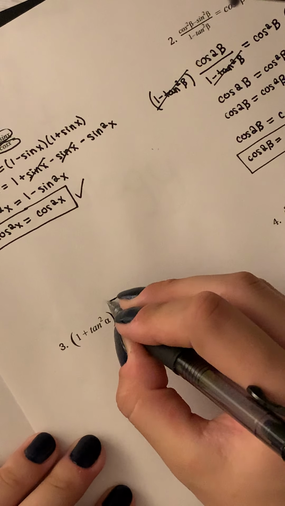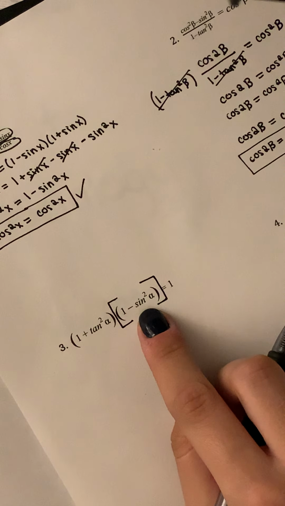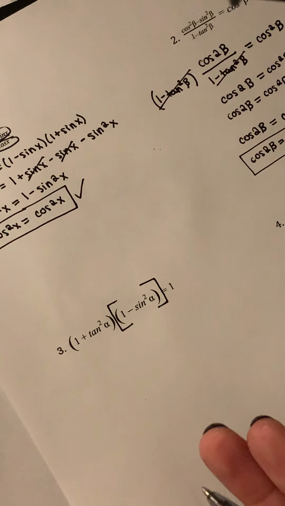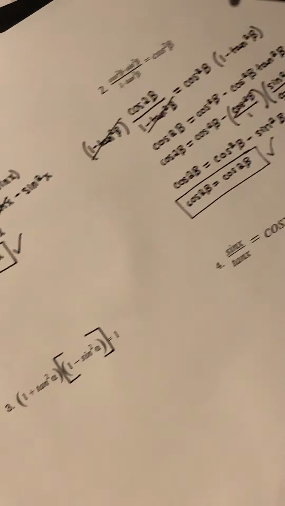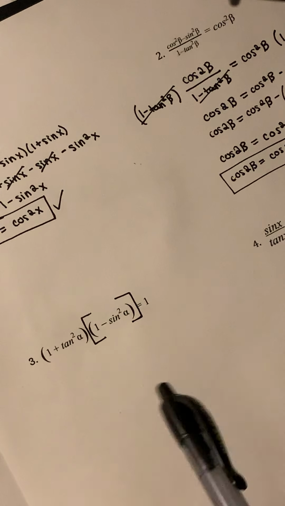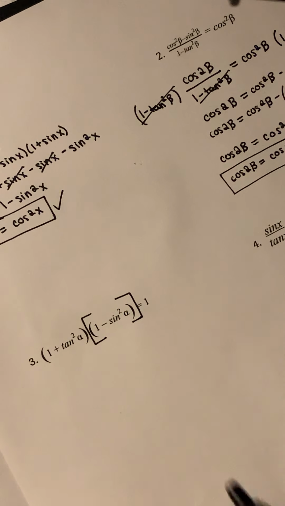If you notice in these parentheses, we have a 1 minus sine squared a. Again, we're not working with theta or x, it's just another variable that can represent an angle measure. So a is like beta that we used up here, it's like x that we used in this problem. It's just another variable. When you're looking at what's in these parentheses, you have 1 minus sine squared a, or alpha, but I'm going to call it a.